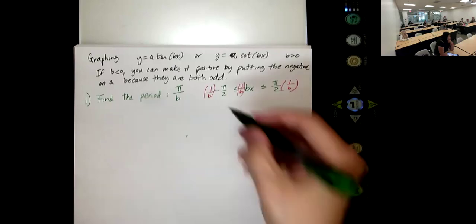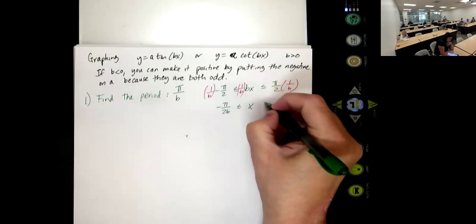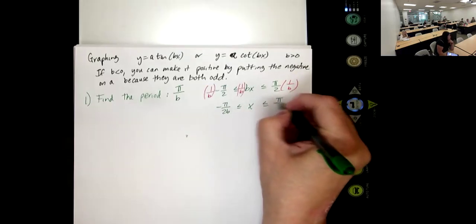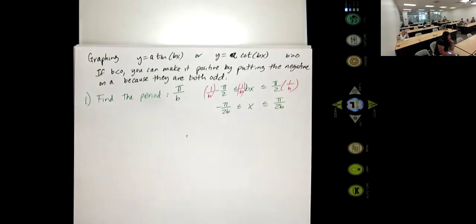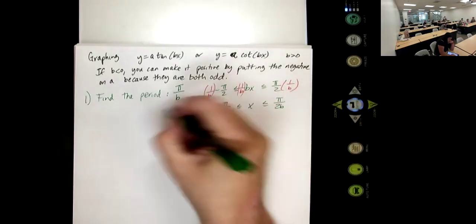And so it looks like negative pi over 2b is less than or equal to x, which is less than or equal to pi over 2b. That's tangent. This is tangent's options.